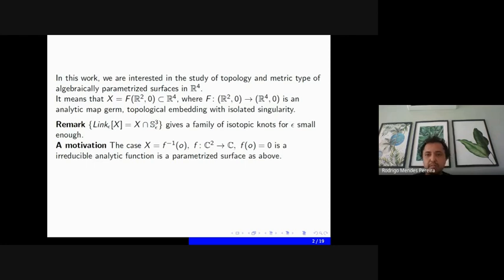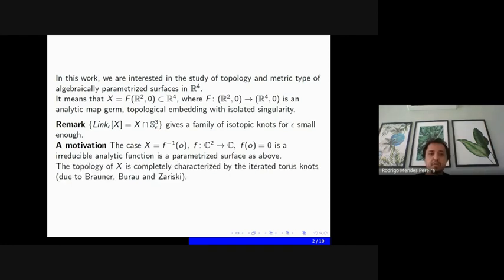It's because you have a Puiseux expansion, then you have an analytic parameterization and an isolated singularity as well. And in this case, the topology, in fact, is completely characterized. The link of this surface is an iterated torus knot. It's included in the works of Brauner, Burau and Zariski.